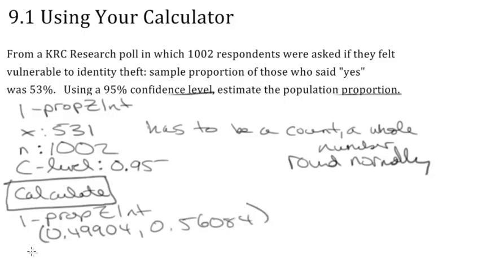It's also going to give me a little bit more information. It's going to tell me what p hat was, just in case I didn't know it. And it is actually slightly different, 0.5299 and change. I'm not writing the rest of it in.